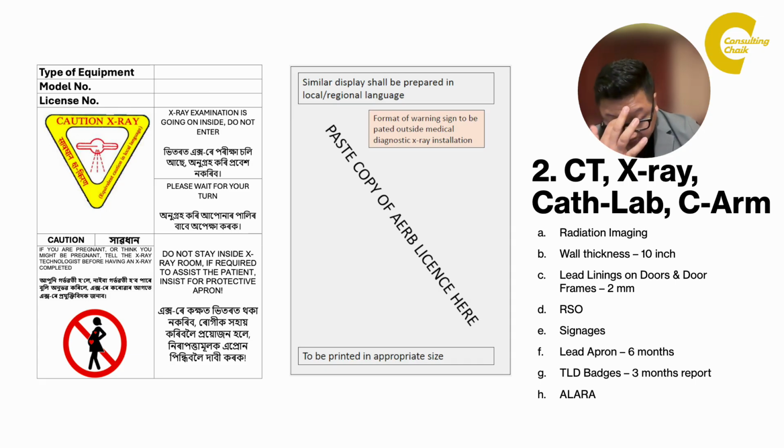Another important thing is ALARA. ALARA stands for as low as reasonably achievable. If you give more radiation, you will get a more clear, high quality image, but because of the high radiation, it's harmful. If you use low radiation, the image quality is bad.